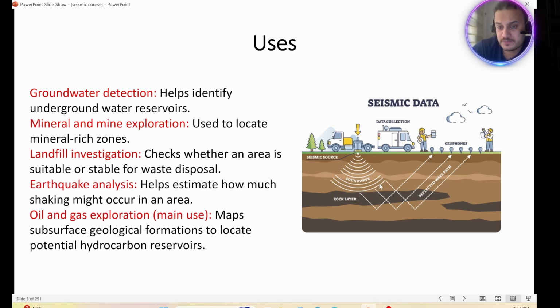When this seismic wave comes back to the surface, we have geophones to record how much time it takes for each wave to hit the layers and then come back to the surface. From the geophones, we have the data collection area, where all the geophones are connected.